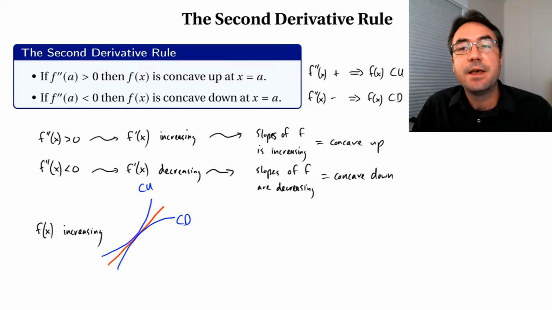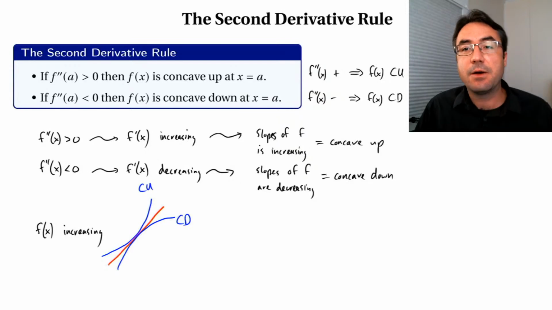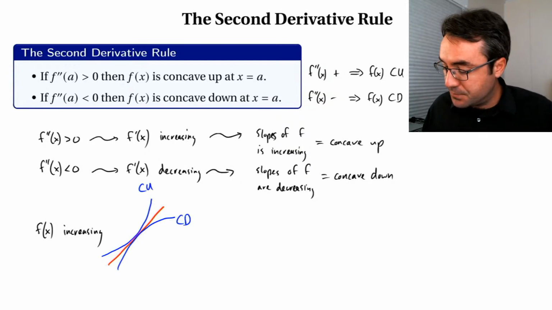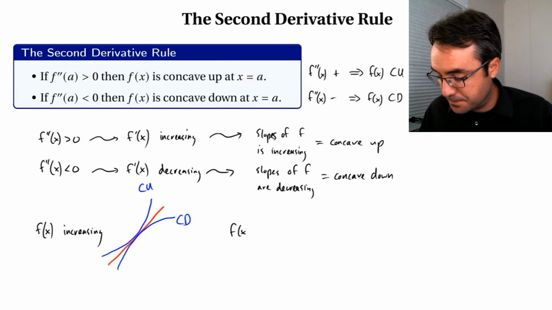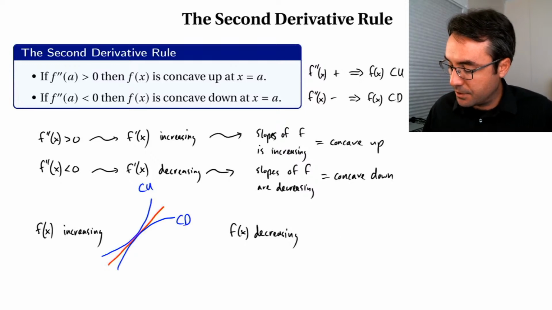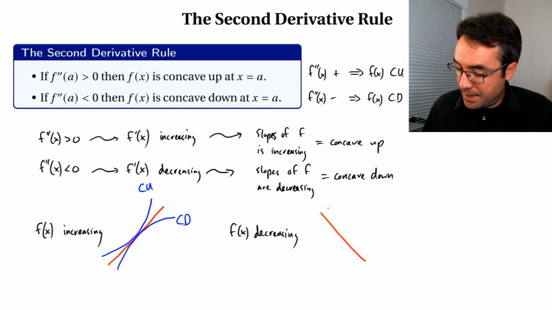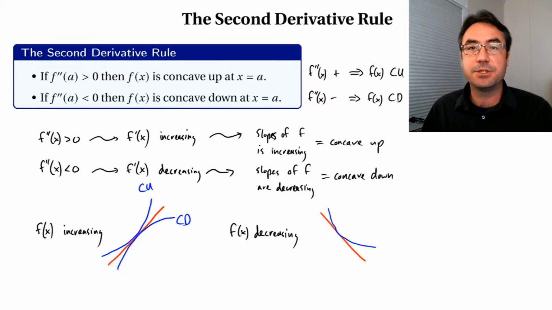So those are just two examples for an increasing function. If f is increasing and it's concave up, it would look something like that. And if f is increasing but concave down, then it would look like the curve that's bending downward below the tangent line. Similar idea for decreasing. If f is decreasing, what would the graphs look like? Well, decreasing describes just the general trend of our function. So it's a downward trend here. So it looks something like that. And if f is concave up, it's going to bend above the tangent line.